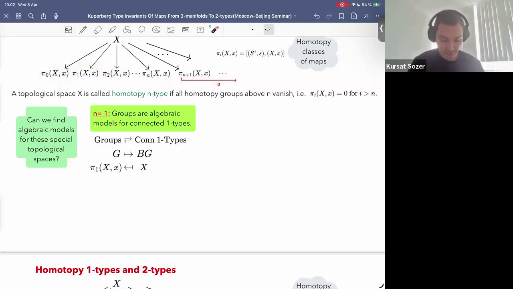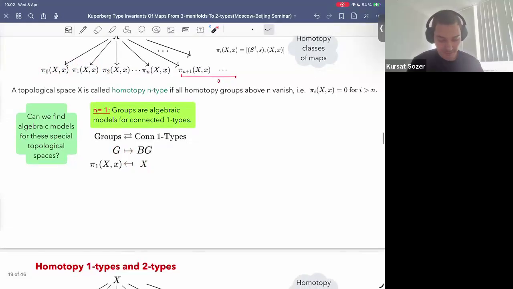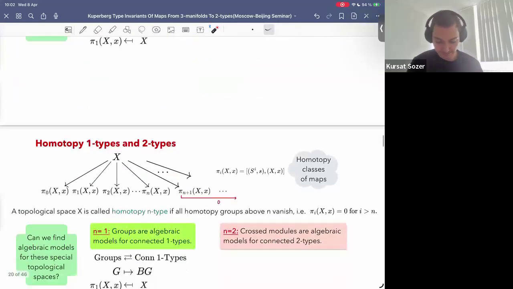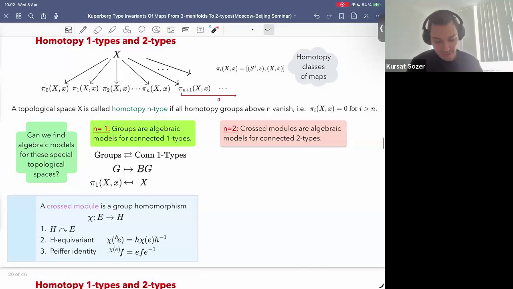So groups and connected 1-types are related like this. We take a group, associate a classifying space. This is functorial. And when we take a connected 1-type, we associate pi 1 at a certain base point, which is a group. This is an equivalence of categories. So next thing is the 2-types. In the case of 2-types, everything from here is 0, and we consider connected 2-types for simplicity.